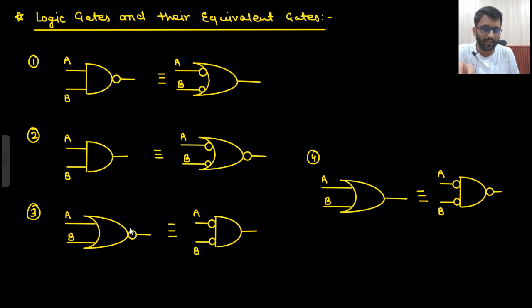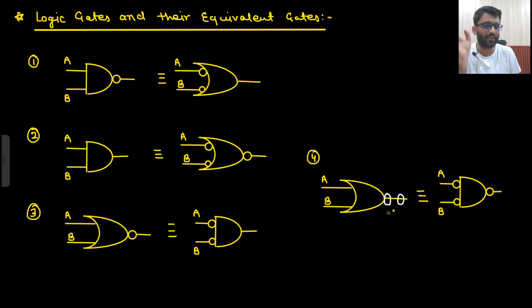Similarly with NOR gate, this bubble will come in front, and this OR gate will be replaced with AND gate. And similarly, this is a NOR gate with another bubble. So this bubble will come in front and it will be replaced with AND gate, and this another bubble can be replaced here. So this is how I can replace my NOR gate.